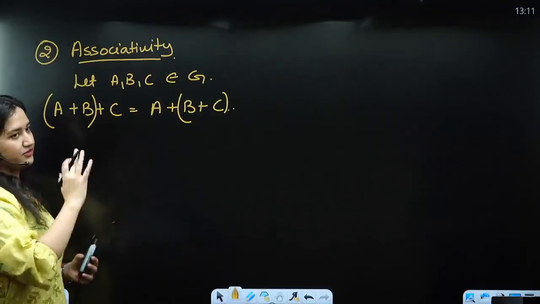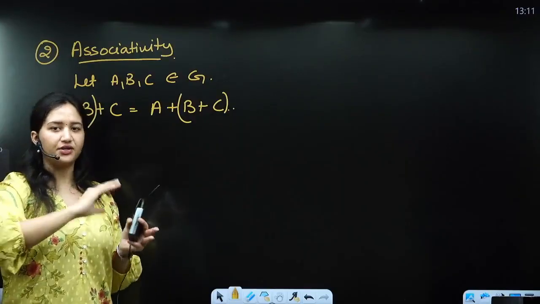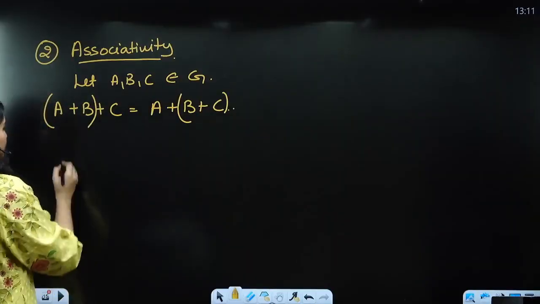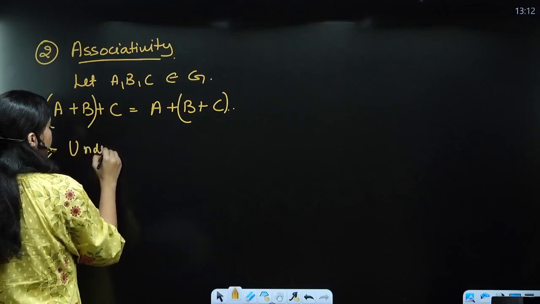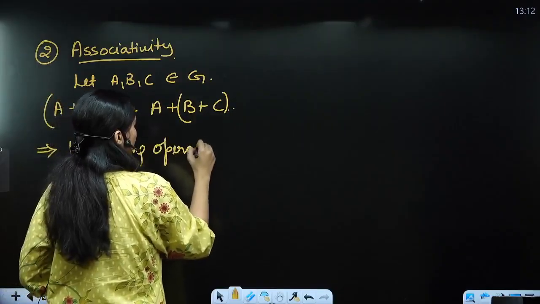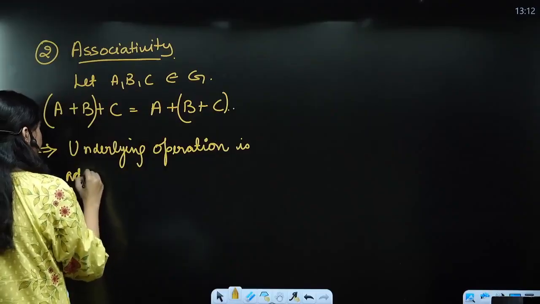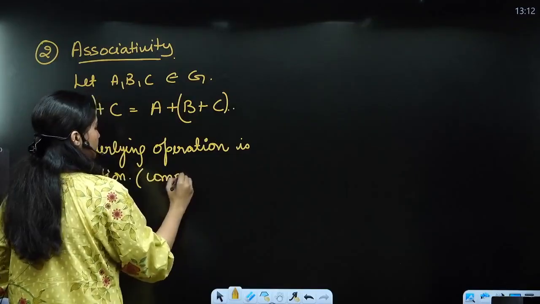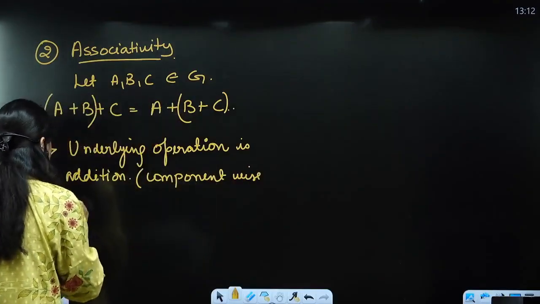आपको करना है, if you want आप लिख के कर सकते हो. You can assume all of the values for A, B, C, and then you can add up and then write it in a nice, laid out form. Clear? So here I can say that this implies that the underlying operation is addition, or we can say component wise addition.